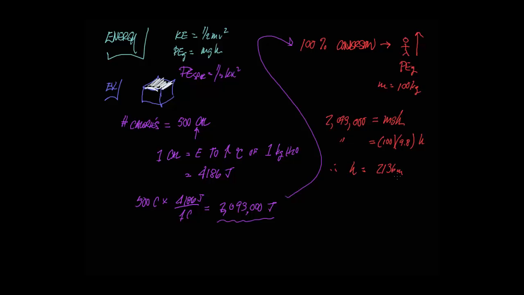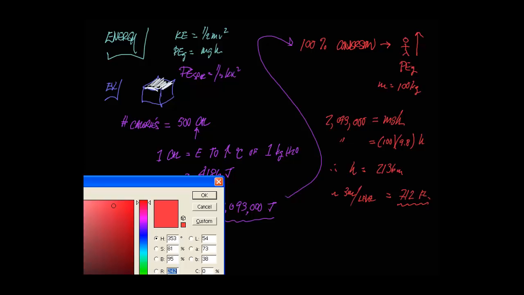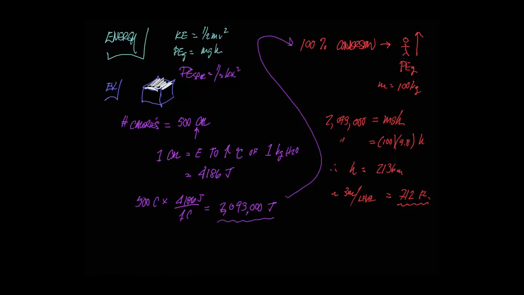Now I'm going to divide that by 3, because it's about 3 meters per level, or per floor. That gives me 712 floors. Now, pretty silly kind of problem, but what it's saying is if we could be 100% efficient in putting that energy into just raising my mass, my body vertically, putting it all into gravitational potential, which we've been talking about, it would raise it up 712 floors.